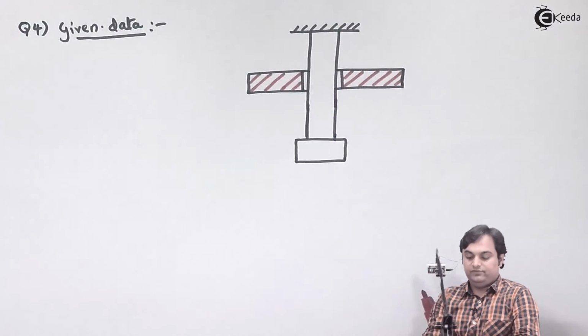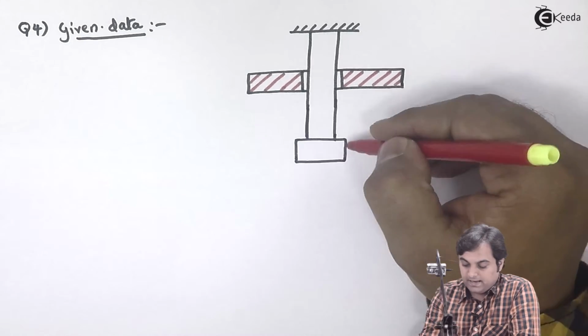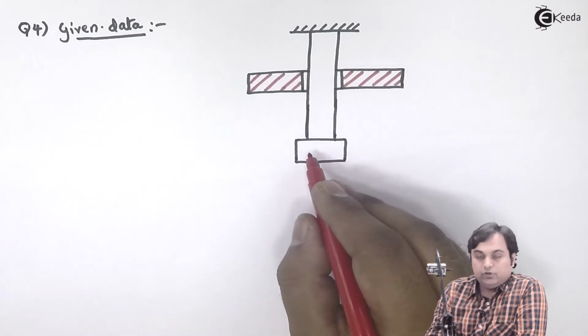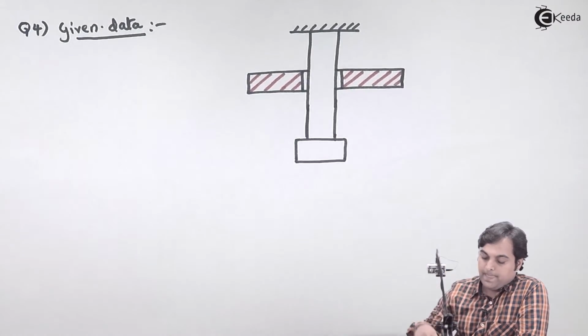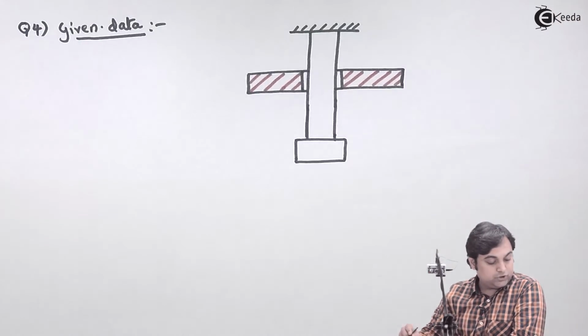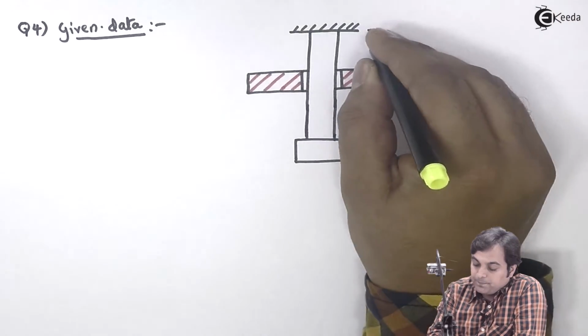So here we have a rod, and at the other end of the rod we have a collar. The length of this rod is given as 1 meter.